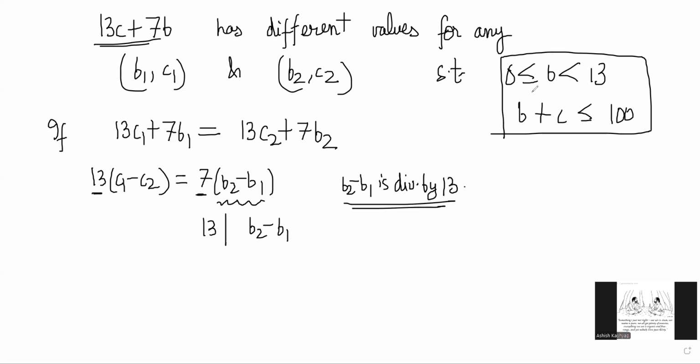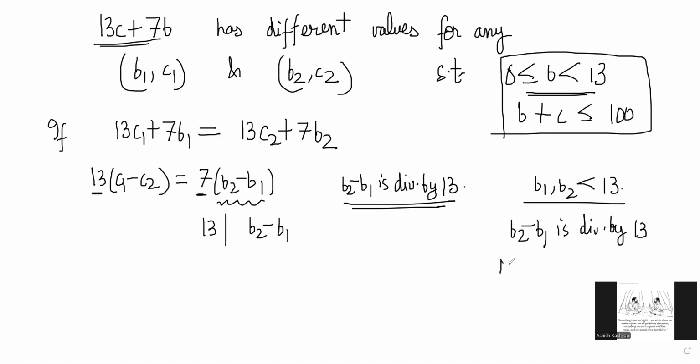However, our B's were in this range, right? B1 and B2 are both less than 13. The only way B2 minus B1 is divisible by 13 is if B2 minus B1 is equal to 0.